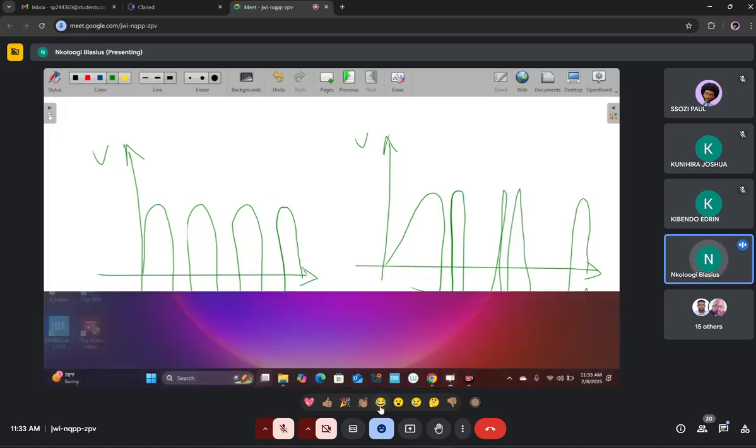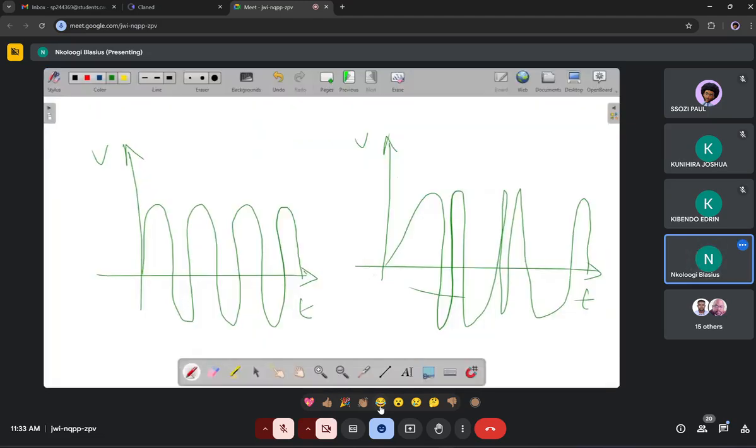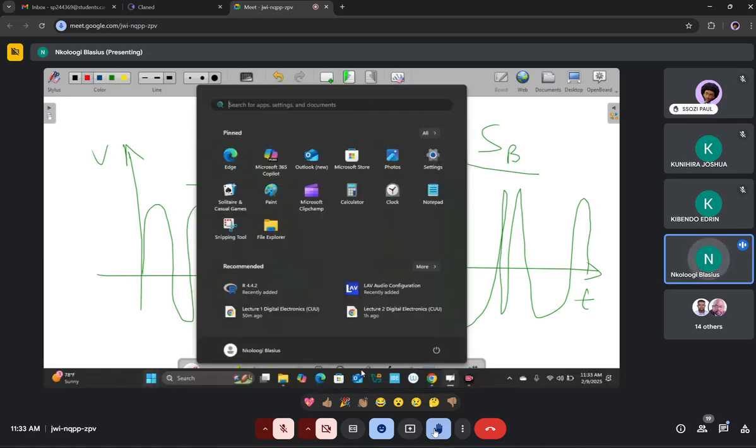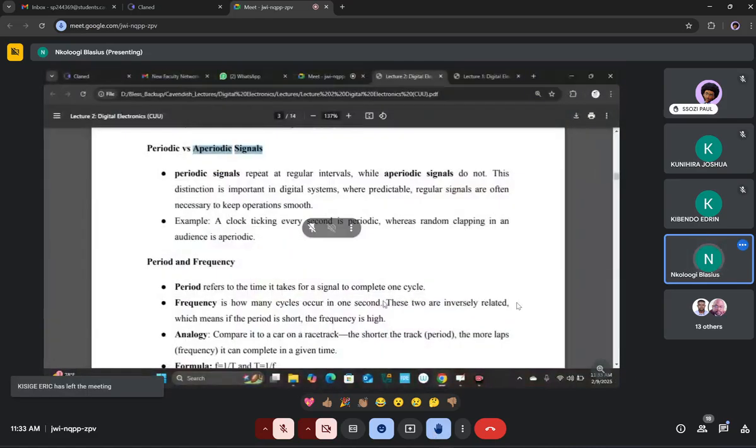This is signal A. This is signal B. Which one is the periodic signal and which is the aperiodic signal? Let me see who wants to answer.